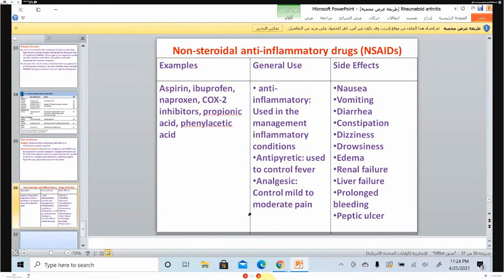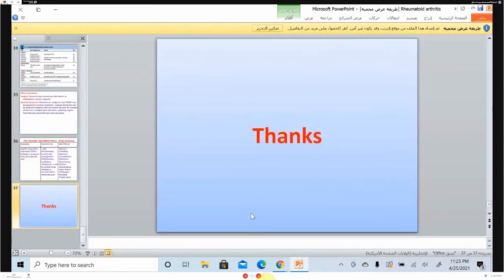Non-steroidal anti-inflammatory drugs such as aspirin, ibuprofen, naproxen, COX-2 inhibitors, propionic acid and phenylacetic acid are all anti-inflammatory, used in the management of inflammatory conditions, in addition to being antipyretic, reducing fever, and analgesic, reducing pain which is usually mild to moderate. Thank you very much.